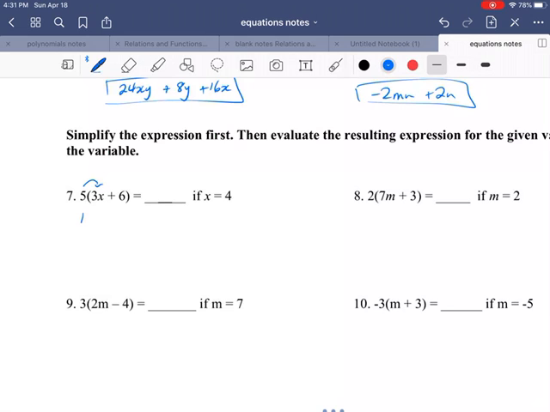So 5 times 3x is 15x, and 5 times positive 6 is positive 30. Now we're told that x equals 4, so we're going to substitute that information in for x. So 15 times 4 is 60, and 60 plus 30 is 90. Let's distribute again.